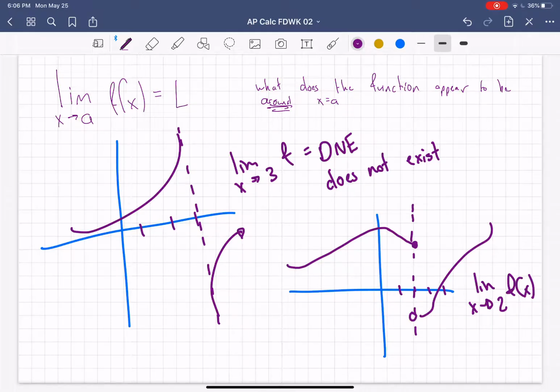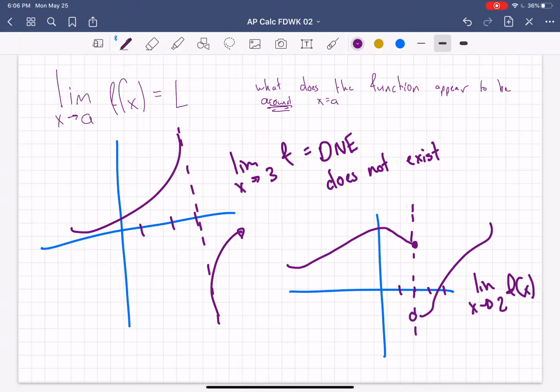If we look at one side of that dotted line, on the other side, the function jumps, right? And that is something that we learned about, but now we're trying to rephrase it and use our limit notation on it. Our limit would not exist because we have that jump. We have that shift between the two parts at that value.